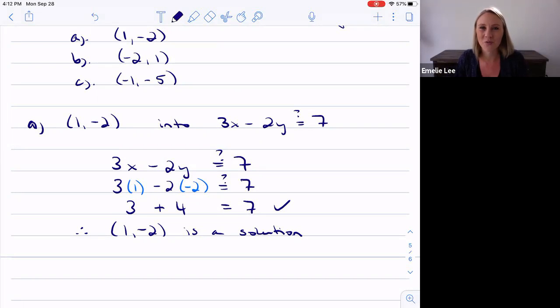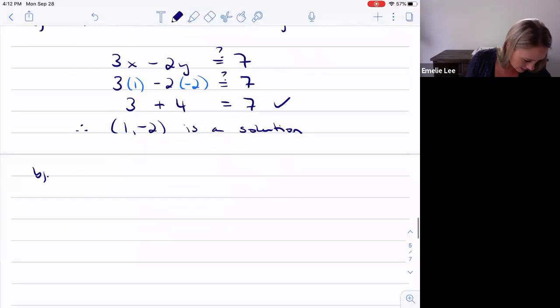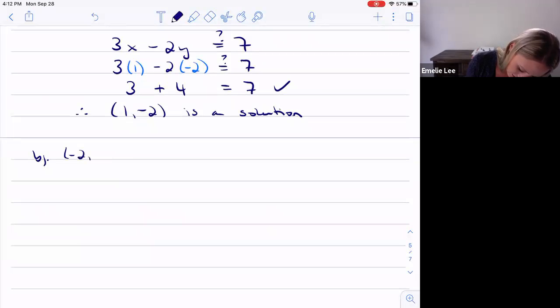When x is 1 and y is negative 2, it's not going to be the same as when x is negative 2 and y is 1. But we'll see that in a little bit. So B, we had negative 2, 1. I'm going to do the same thing: 3x minus 2y, does it equal 7?